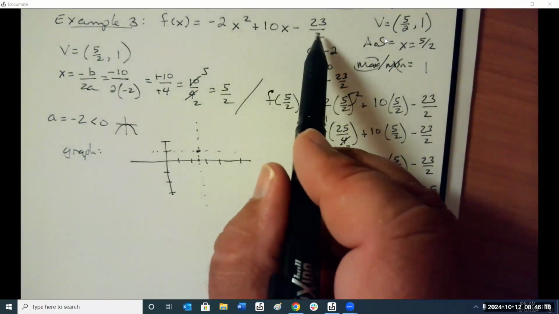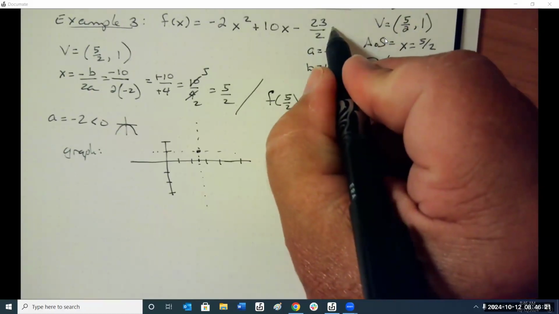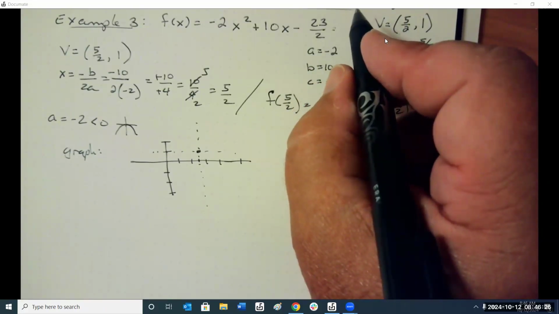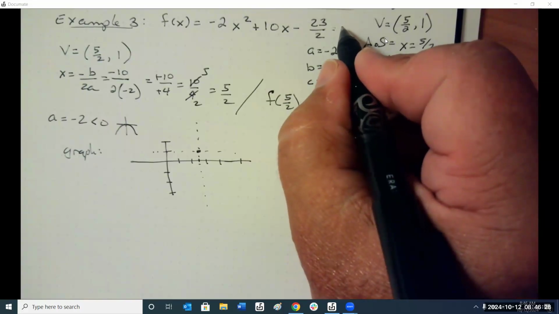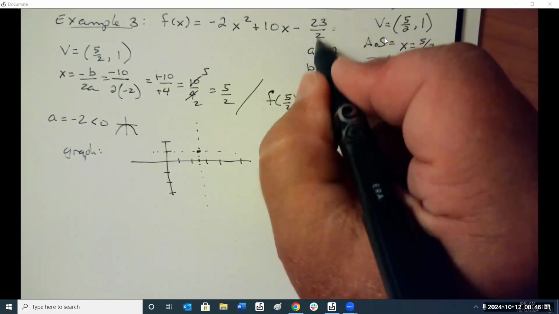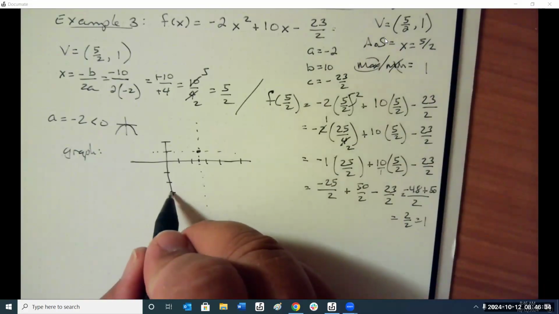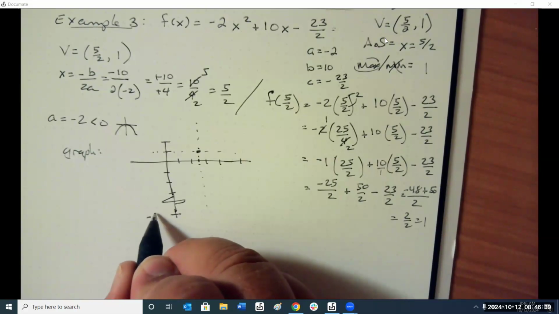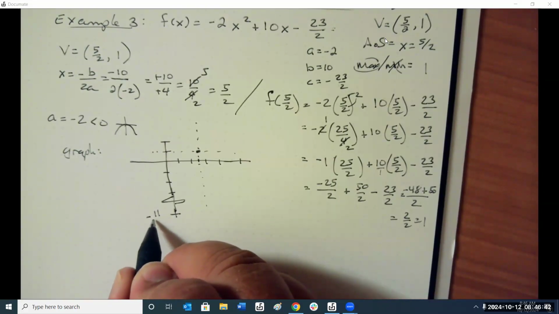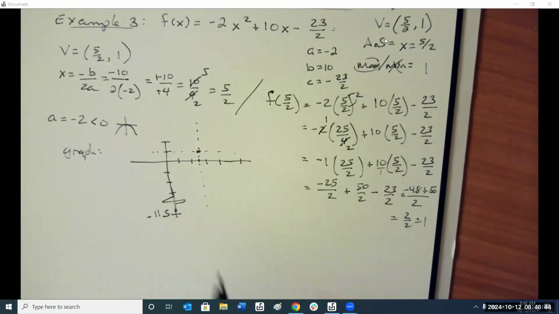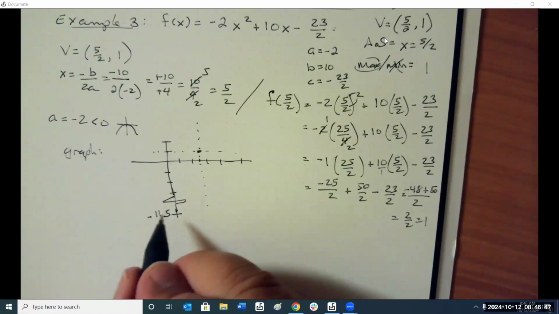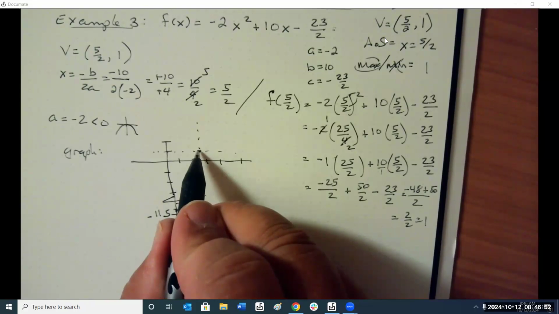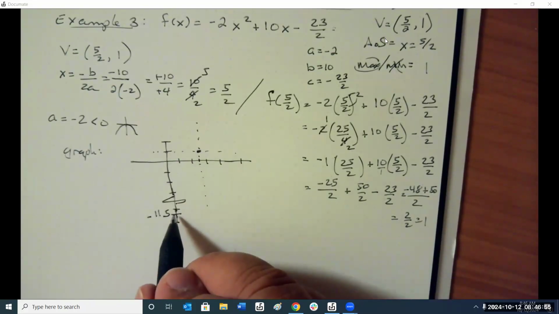What we look at over here is our y-intercept, which is going to be at negative 23 over 2, which makes it negative 11.5. So we go all the way down here to negative 11.5. There's 11 and there's 12. So we go over 2.5, down 11.5.